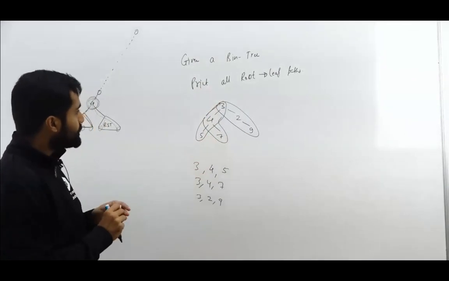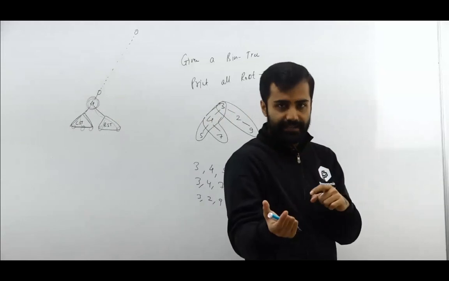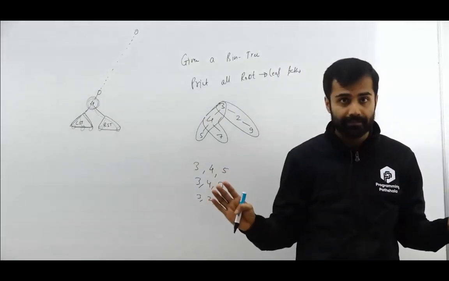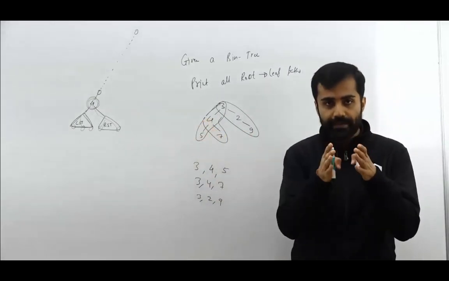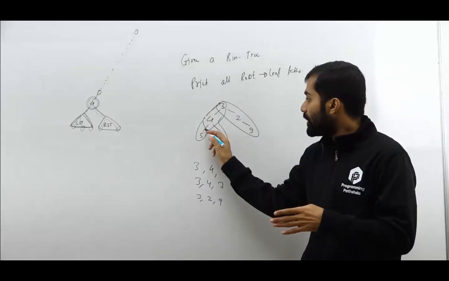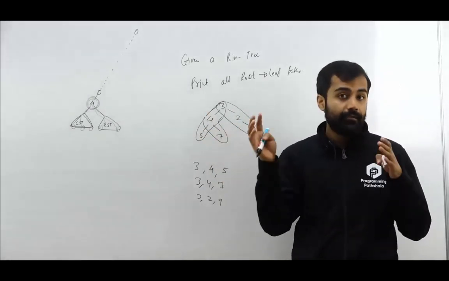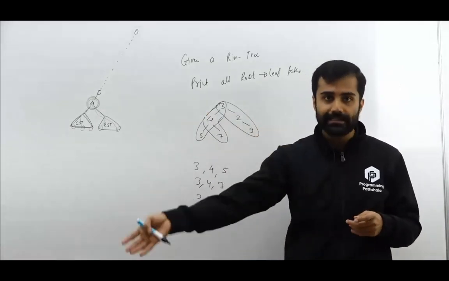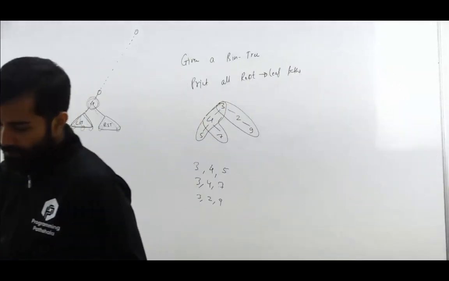So what I'll do is whenever I am at a node, I'll put that node in an array or in a list or in a vector, whatsoever you want. And after putting that in a particular list or vector, I'll make a call to the left subtree and I'll make a call to the right subtree. And while making those calls, I'll pass that vector or I'll pass that list. Okay, this is the idea that I'm trying to convey.